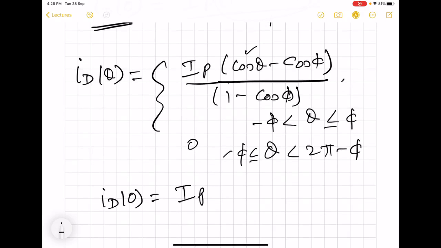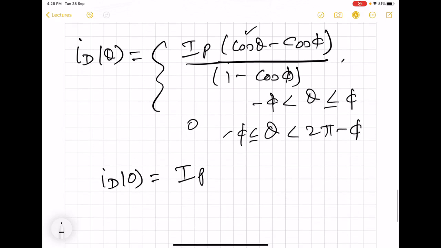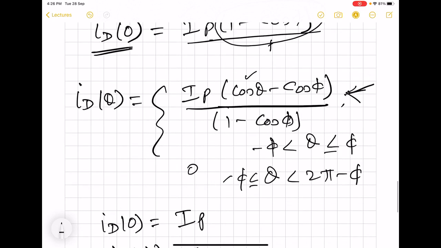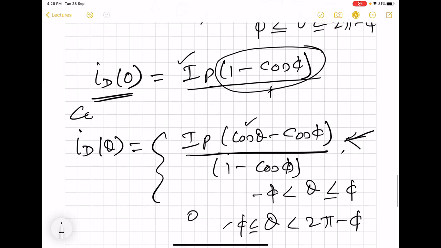So the peak value turns out to be IP, and that is what we had labeled. And then the value at theta equal to phi is going to be 0 if you put phi in this expression. So we see that now we have the correct expression for the drain current.